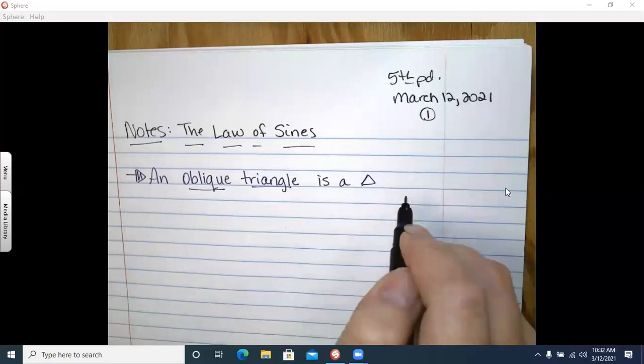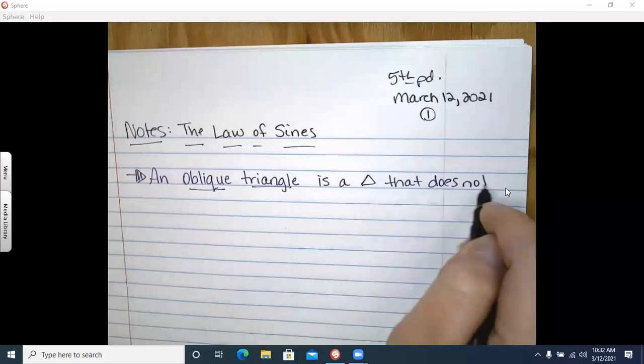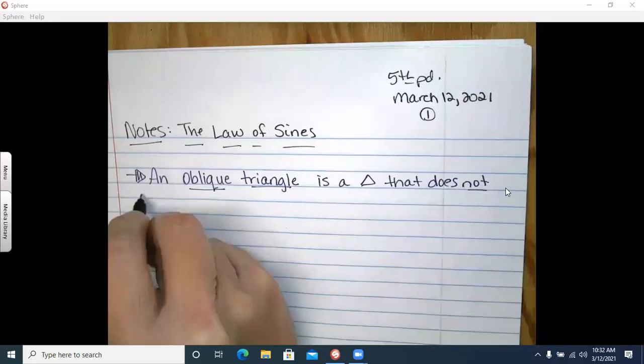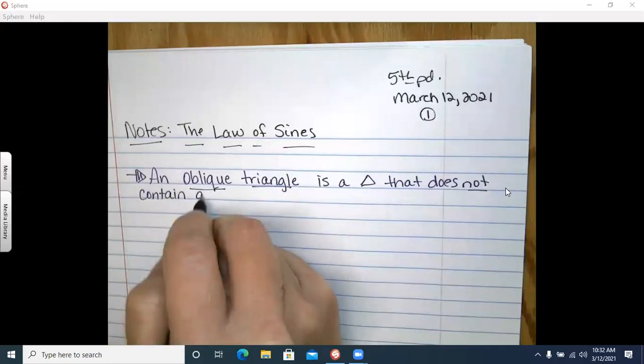that does not contain a right angle. If it did, it would be called a right triangle.